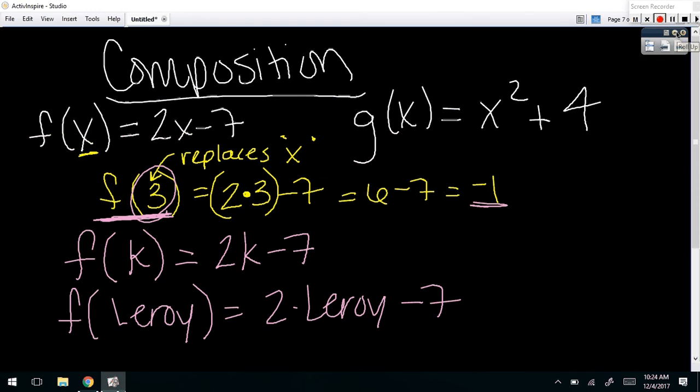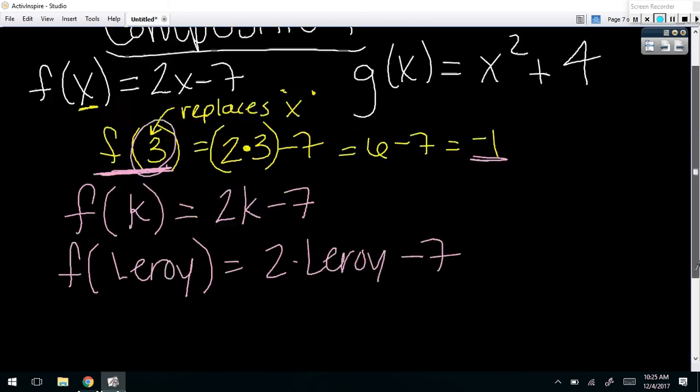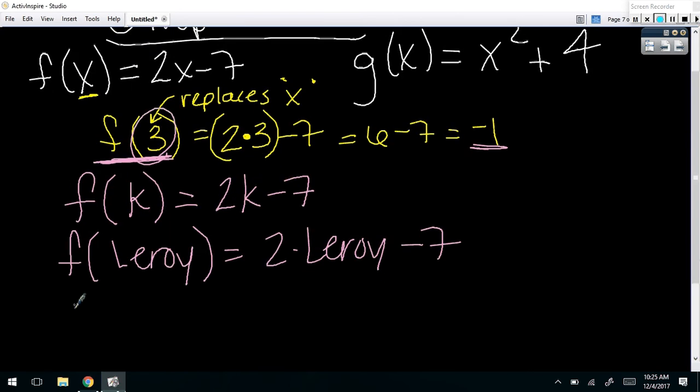So again, 2 times Leroy minus 7. It's not that it equals anything, because you can't combine those at all. That's right. Just like we used to do in Algebra 1, you plug it into the problem.